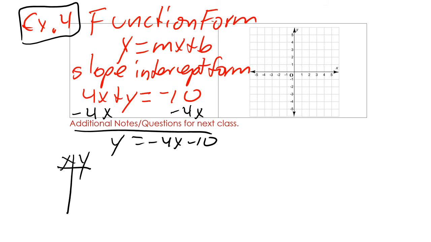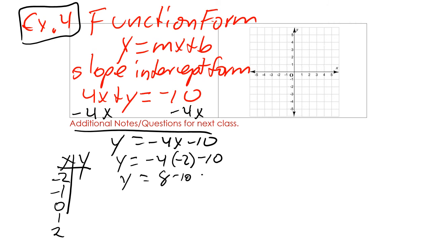I'm going to pick some x's. I like to pick negative 2, negative 1, 0, 1, and 2. If I put negative 2 in for x, I'll get negative 4 times negative 2 minus 10. Y is equal to 8 minus 10, or negative 2. So when x is negative 2, y is negative 2.